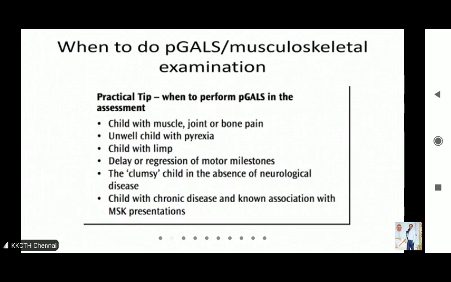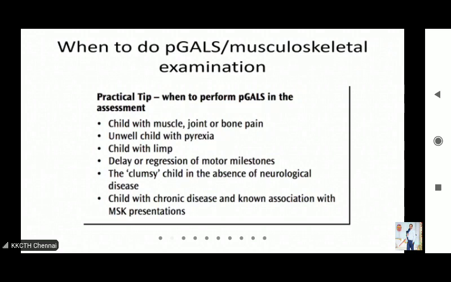So when would you do a PGALS assessment in a child? Any child presenting with muscle, joint, or bone pain, a child who's unwell with fever, the pyrexia of unknown origin. Not for every child who's walking into the clinic, but for a child who's been admitted to the ward and you don't know what the diagnosis is, you have to do a complete PGALS.